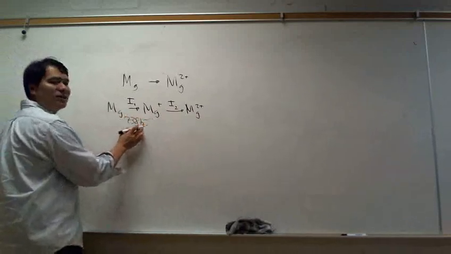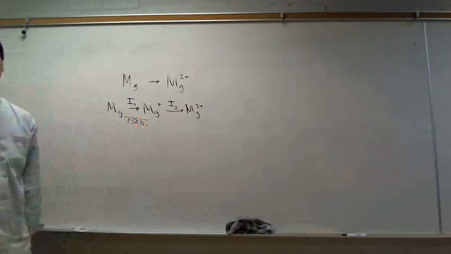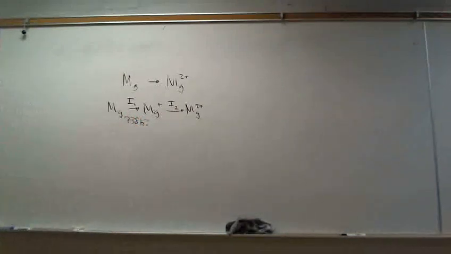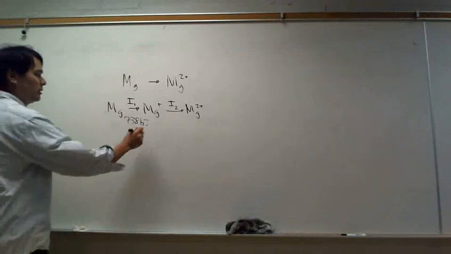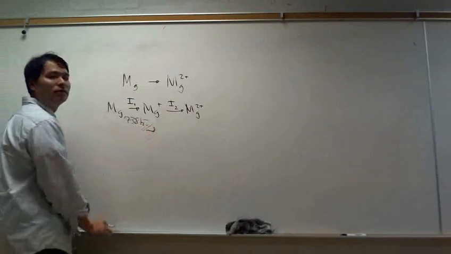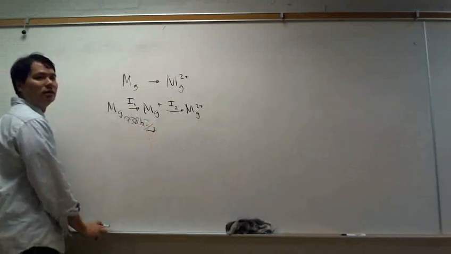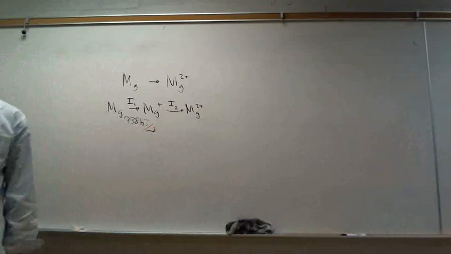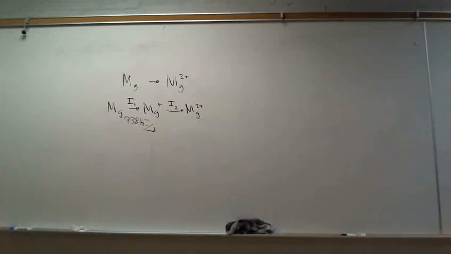Is that a lot of energy? It seems like a lot of energy because 738 kilojoules, that's got to be a what? A red photon? Kilojoules per mole. What do you think? A violet photon? No, the most energetic violet photon's around 307 kilojoules per mole.